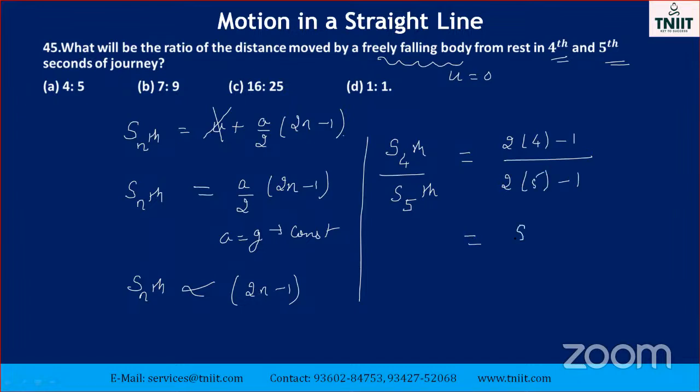So 8 minus 1 is 7, and 10 minus 1 is 9. So the ratio must be 7 is to 9. So option B is the right answer.